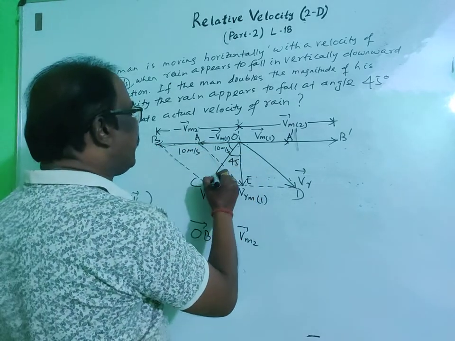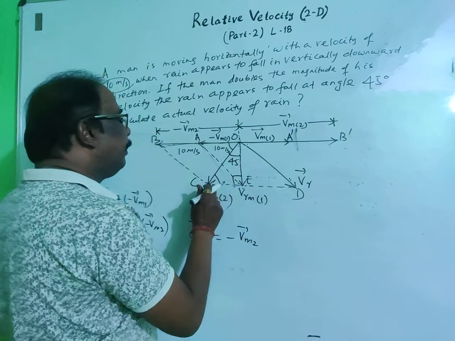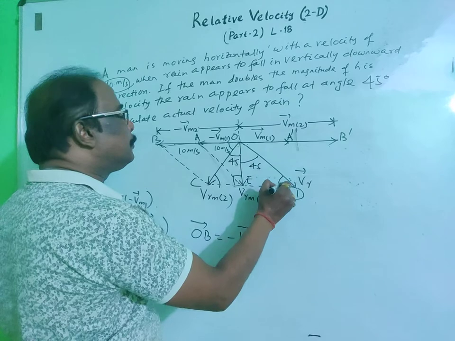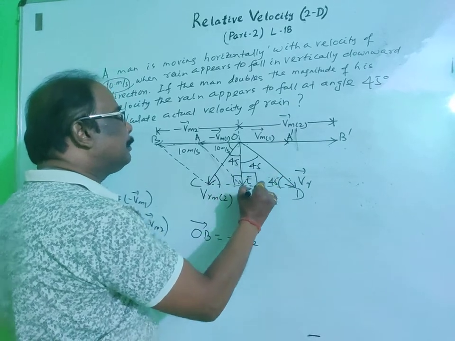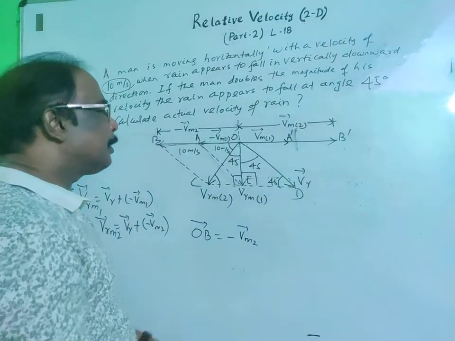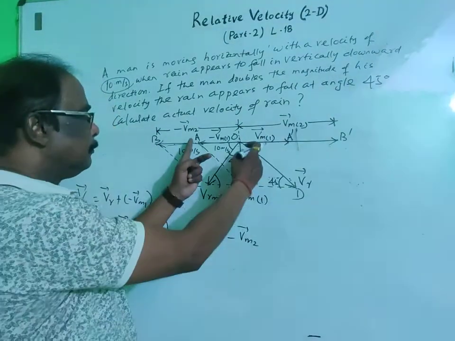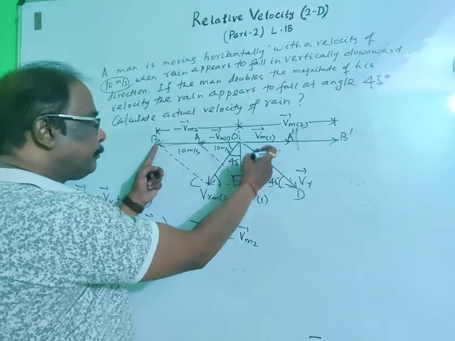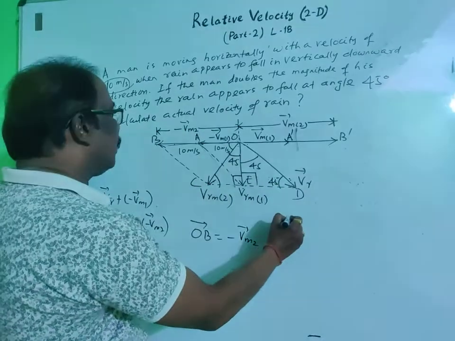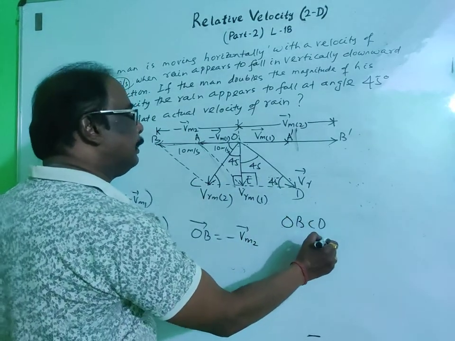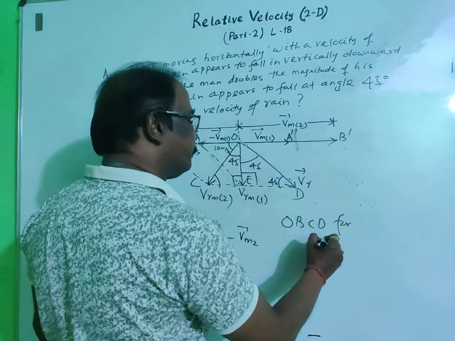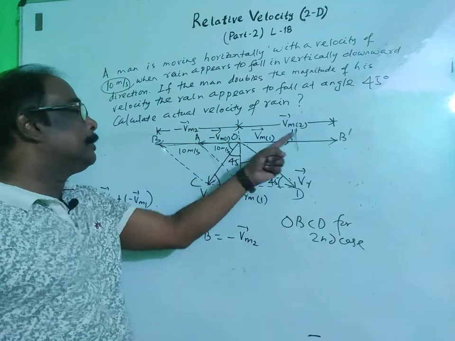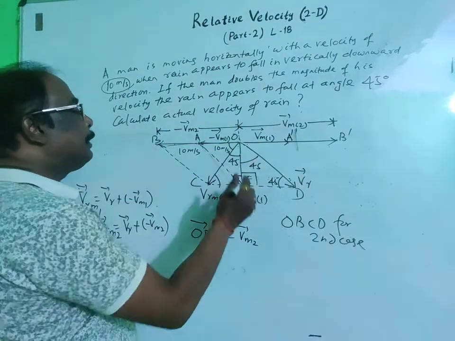If this is 45, this is 90. This is also 45. So this is also 45. This angle is 90. Now it is easier. Just see the diagram. This is for first case, and the total parallelogram OBCD for second case, when the man doubles his velocity.